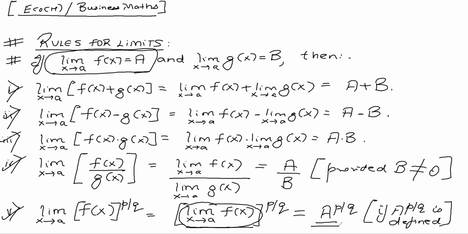Okay. So now let's move forward, guys, and let's write the sixth property, the sixth rule. Limit as x tends to a, limit of a constant is the constant itself. So I can write where c is any constant.